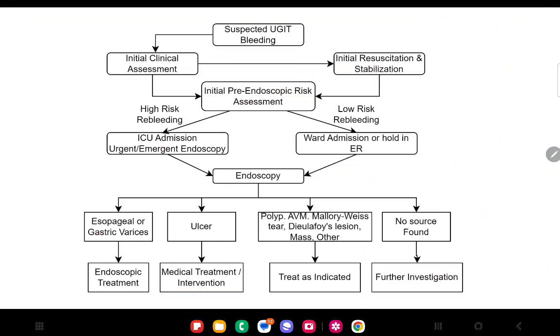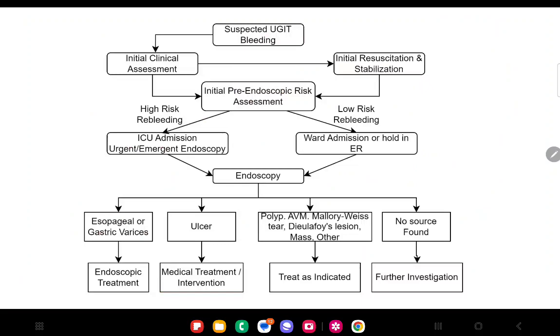This diagram shows how to deal with a suspected upper GIT bleeding. For example, in an emergency situation, you have to do a very quick initial clinical assessment, which entails vital signs: pulse, blood pressure, temperature, and general examination, and it entails initial resuscitation and stabilization.